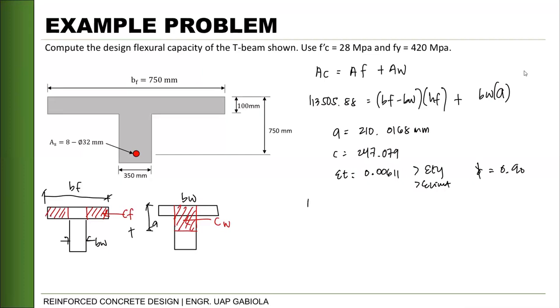So, our moment. Okay? We need to take the moment about the tension portion. So the distances will be, for the flange, D minus HF over 2, and for the web, D minus A over 2. So the moment is CF times D minus HF over 2 plus CW times D minus A over 2. The first one is HF.